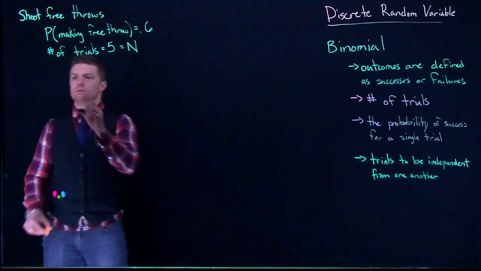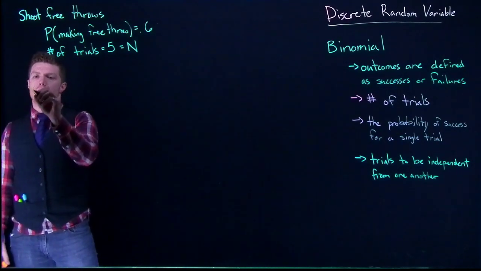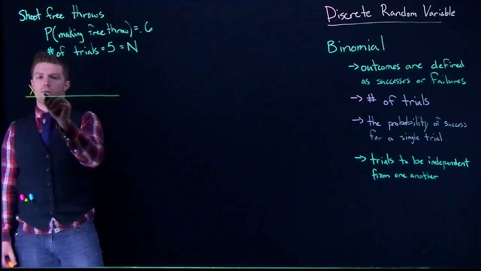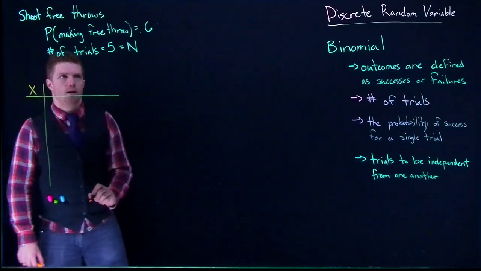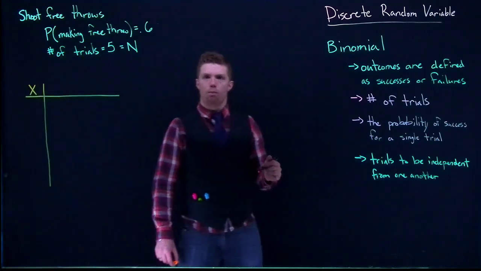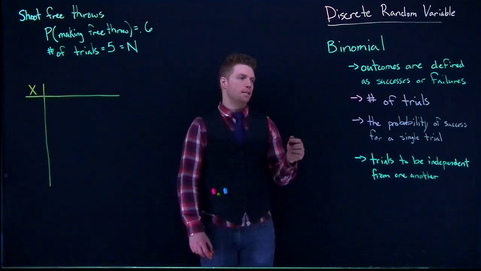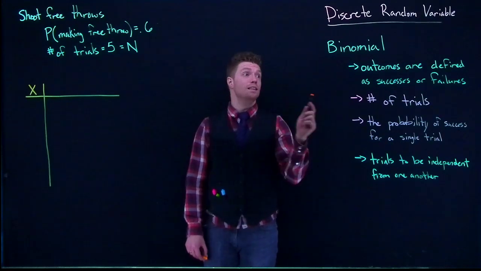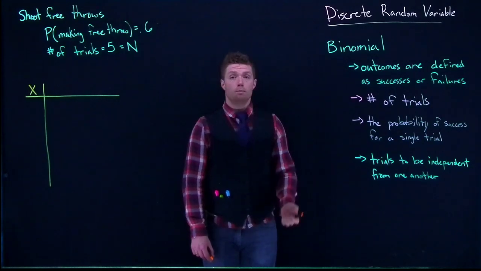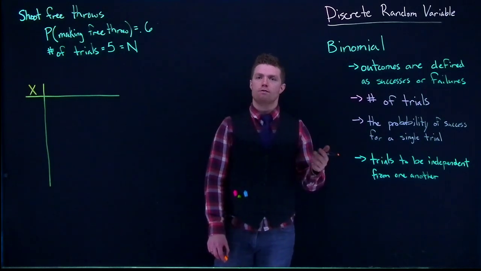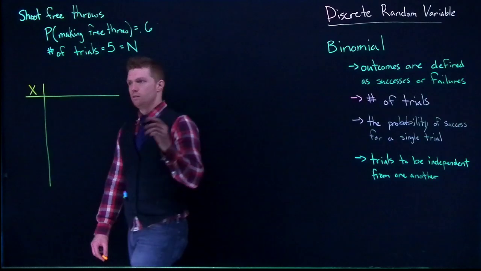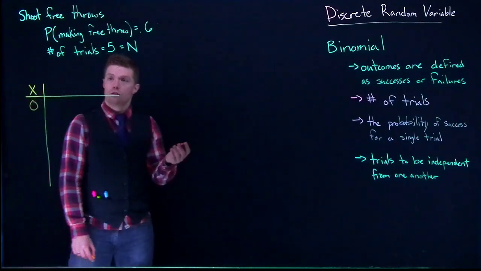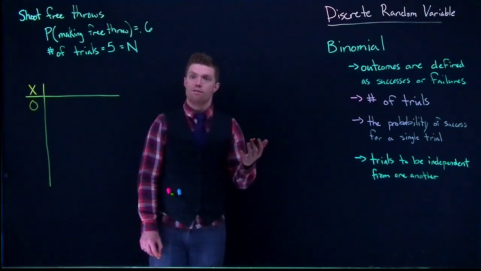So we know that X, once again, is all possible outcomes from our scenario. And you might want to just quickly throw up 1 through 5 because we're shooting the basketball 5 times. But we'd be making a mistake, because in this scenario with binomial, is it possible that I miss all 5 of my free throws? The answer is absolutely. So that is a possible outcome: 0, I could make 0 out of my 5 free throws.